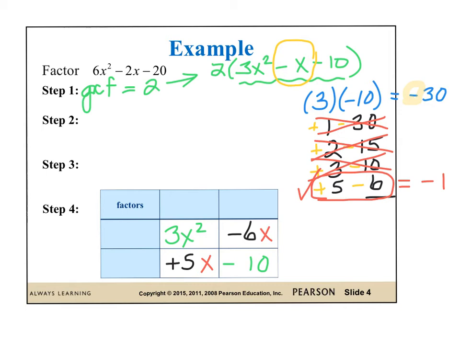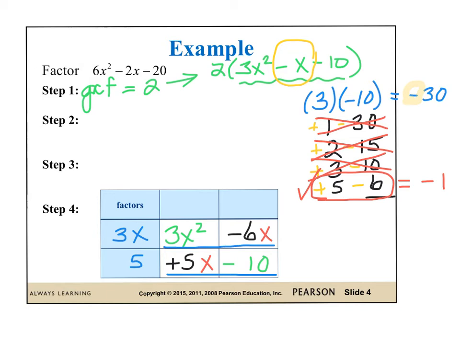Now we will do our greatest common factors. Our greatest common factor of 3x squared minus 6x is 3x. Our greatest common factor of positive 5x and -10 is 5.